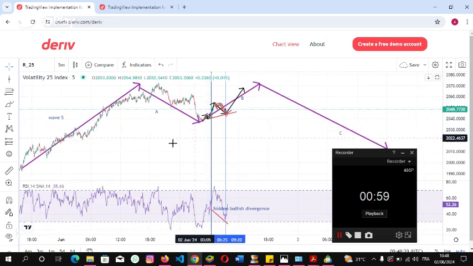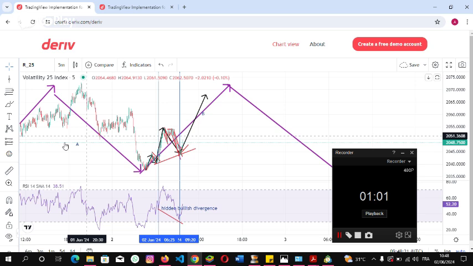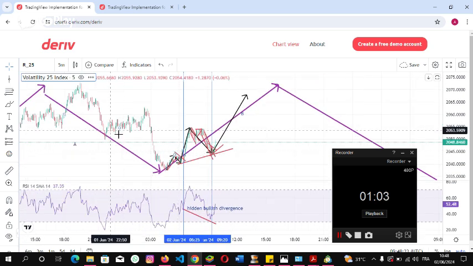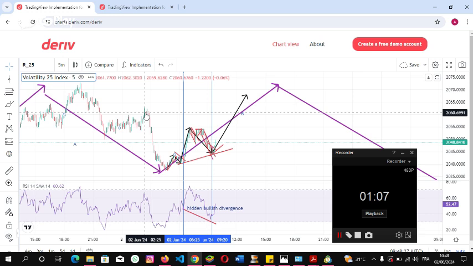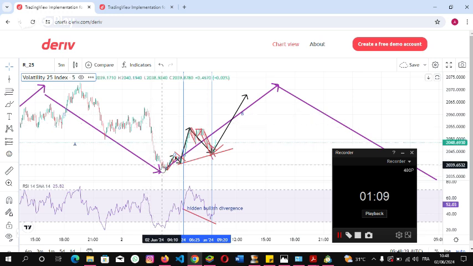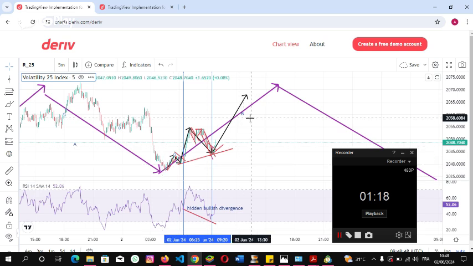Now, since I knew that wave A was done, because wave A is now in these three corrective waves, this is wave A here. Let me zoom into wave A here. As you can see, wave A had 1, 2, 3. Now we are done. Wave A is done. After that, wave B now begins.